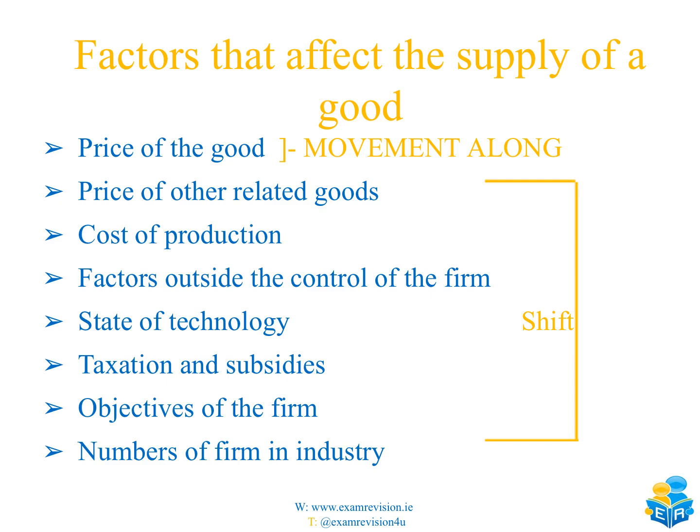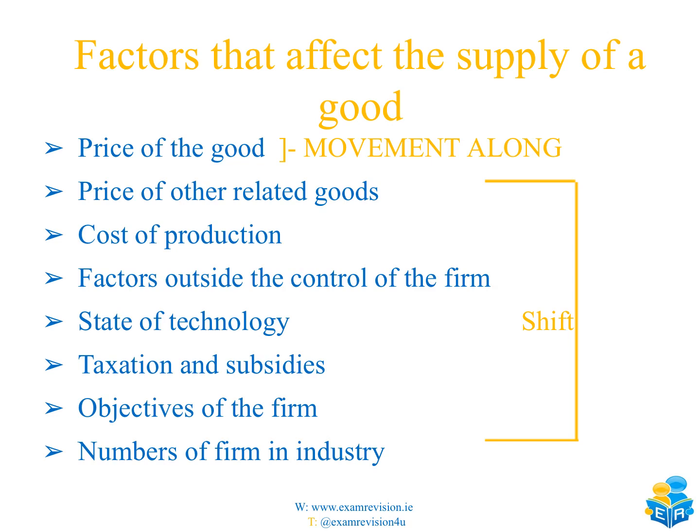So this is really a vital slide for you to know and for you to remember. Obviously not just for supply, but when you're looking at the market equilibrium and looking at putting both demand and supply together, the price of the good is always going to cause that movement along it.